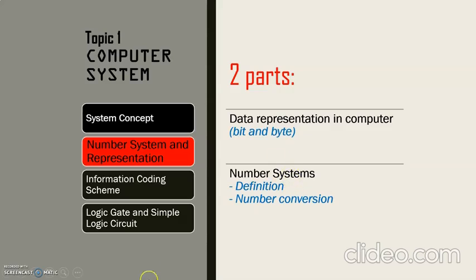The first part, we are going to look at the definition of number systems and why some number systems are used in representing data in computer, and the second part is about number conversion. We are going to look at number conversion between 3 number systems.